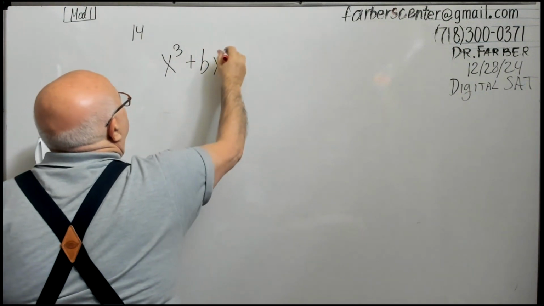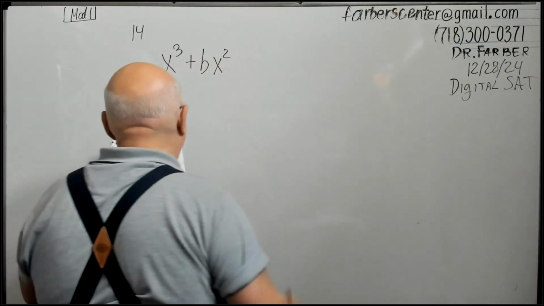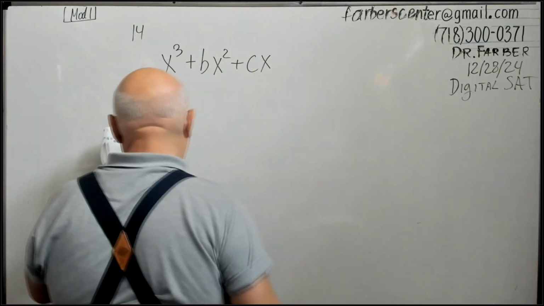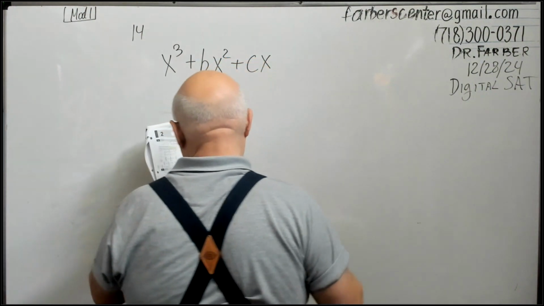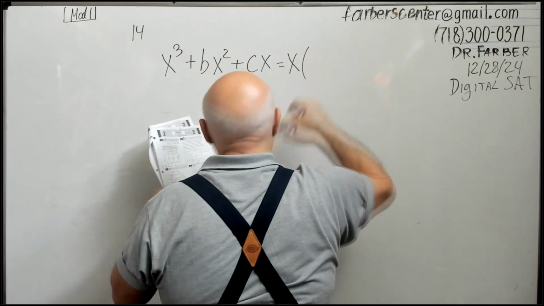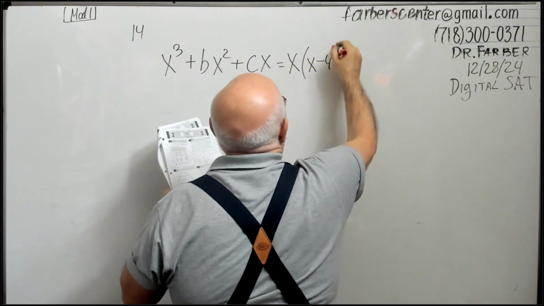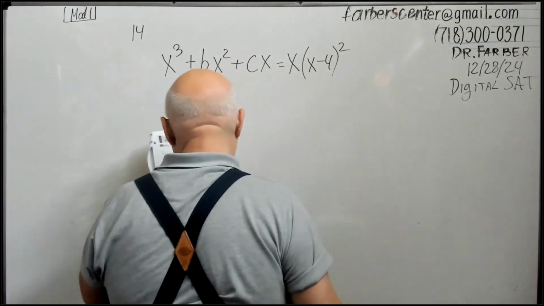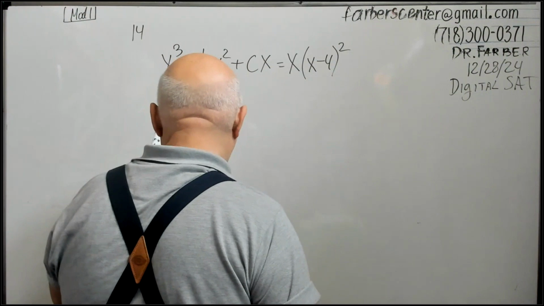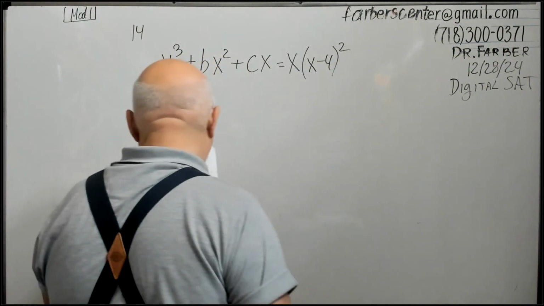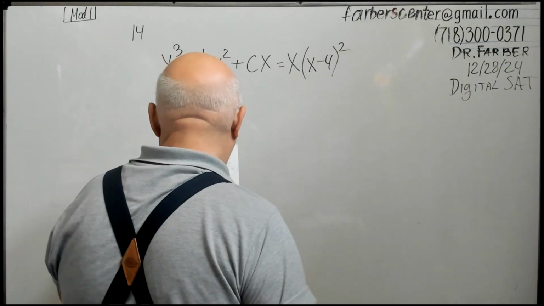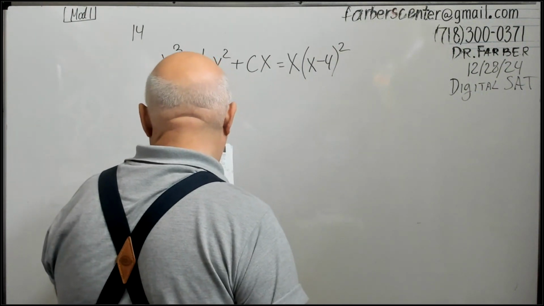Plus bx to the second plus cx equals x times x minus 4 to the second power. And the equation is true for all values of x. What is the value of b plus c?